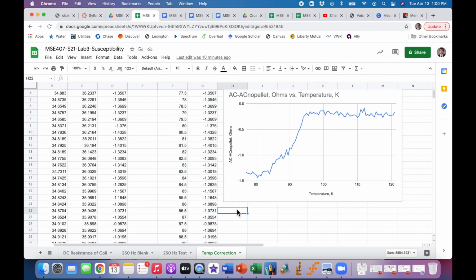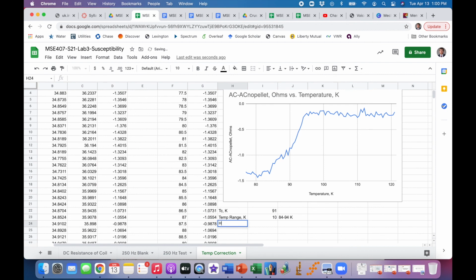So let me just write those out down here. So Tc, we approximate, and this is in Kelvin, was 91. The temperature range was 10, right? It's from 84 to 94 approximately.